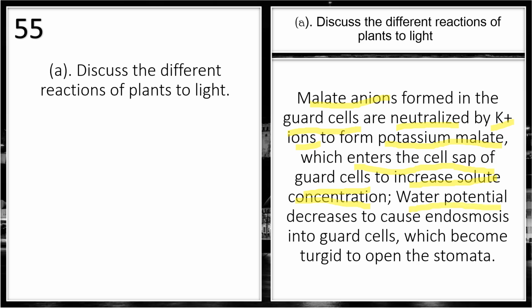The water potential decreases and causes endosmosis into the guard cells, which become turgid to open the stomata.